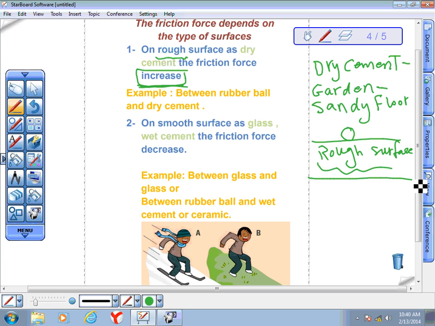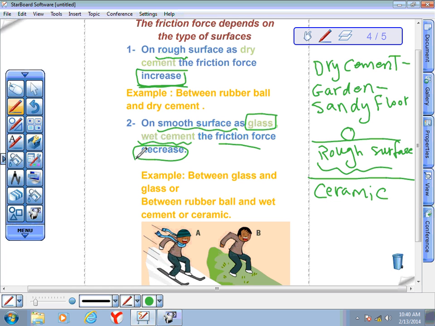But if we have a smooth surface like glass or wet cement or ceramic, we found that the friction force decreases.